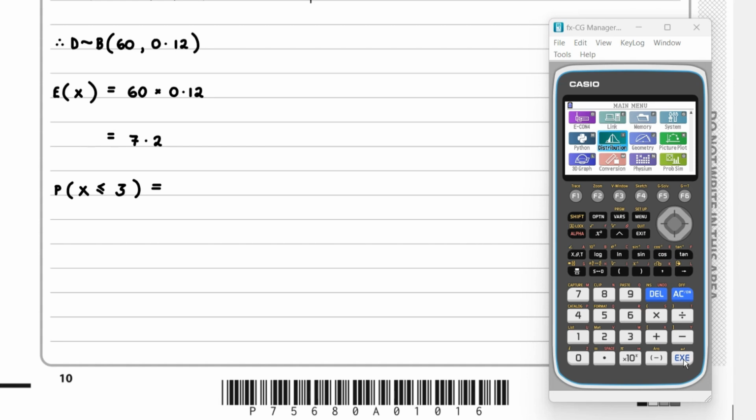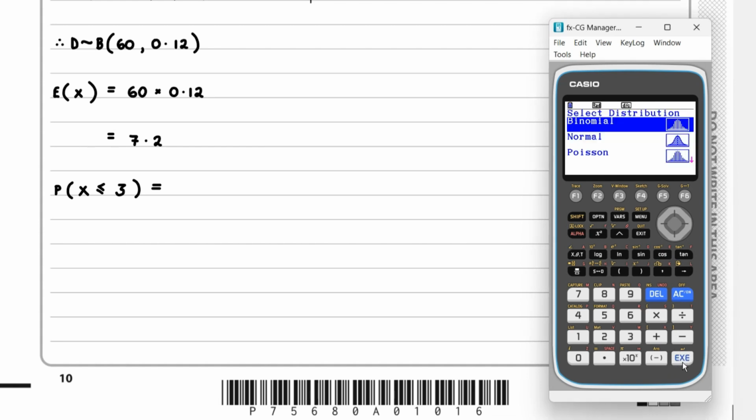If we go to the distribution sub-menu, we have a binomial distribution. The type we have here is this one, and that's because the expected value is 7.2 and the 3 is less than the 7.2. So let's click F1. The number of trials is 60.